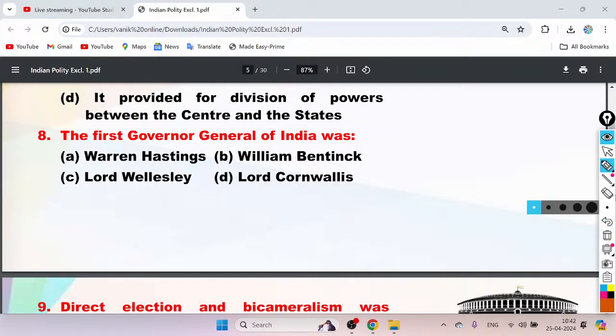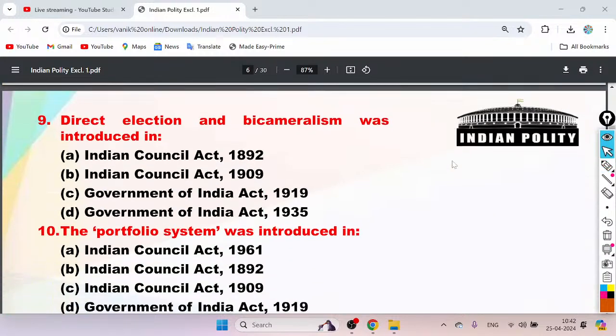Now come to number 9. Easy question also. Direct elections and bicameralism were introduced in the Government of India Act 1919. I told you that the Government of India Act 1919 is a major act enacted by the British government.